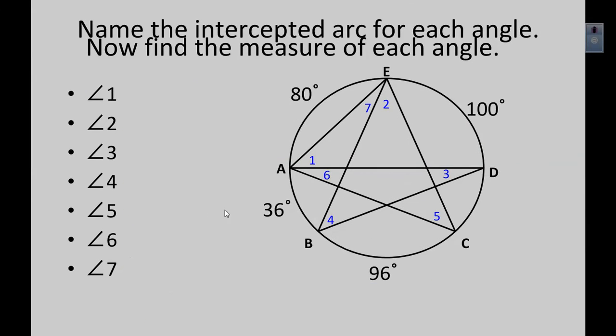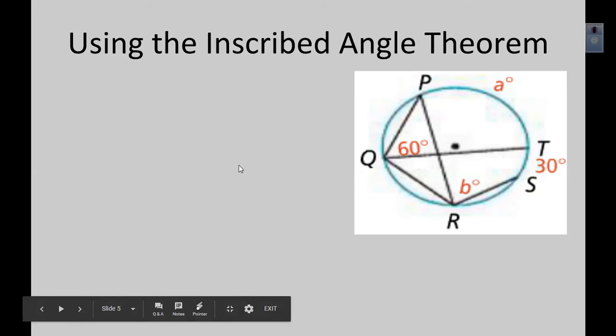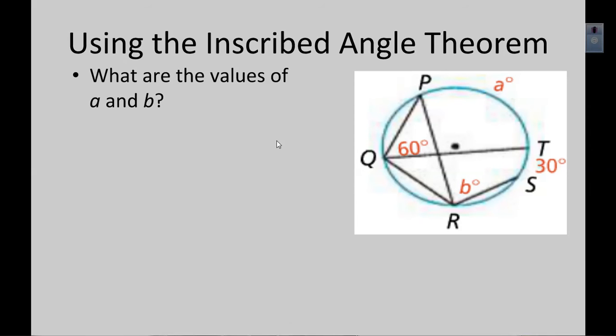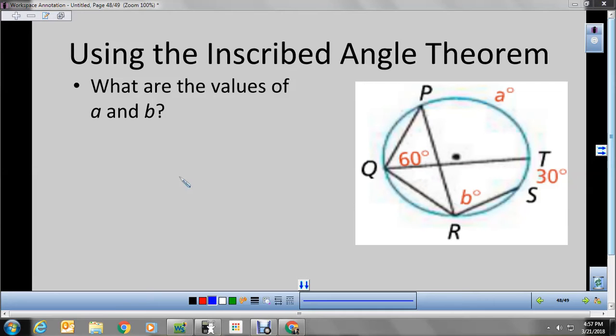So let's take a look at this problem. Using the inscribed angle theorem to find the measures of A and B. Now in this problem here, we're first going to look at finding A. Now A is arc P to T. If you follow the sides over here, it goes to point Q and P goes to point Q, so that means that this angle PQT is the inscribed angle.